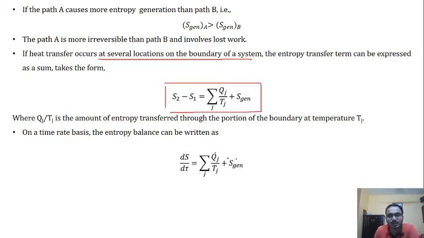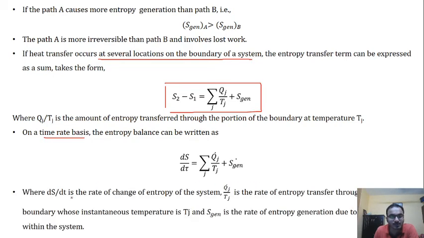And whenever you observe a dot above any term, then it is on a time rate basis. Okay, so it is quite straightforward. Now dS upon dτ is the time rate of change of entropy of the system.